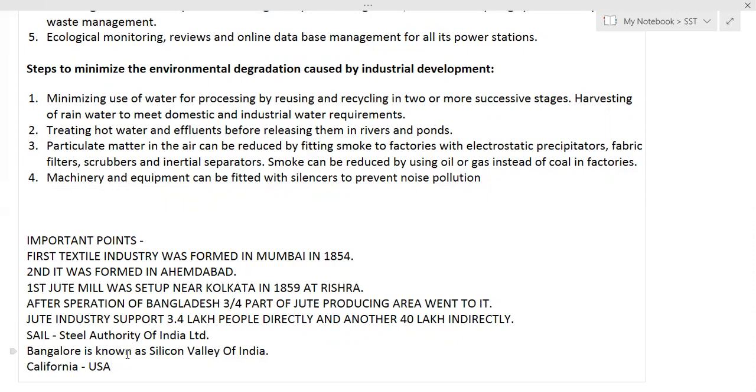Bangalore is the information technology park of India, so it is called Silicon Valley.